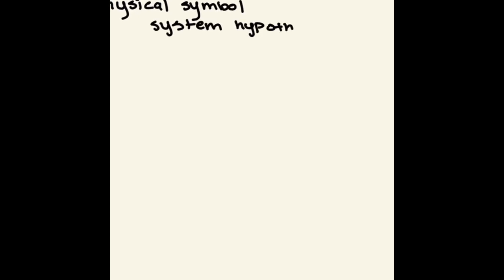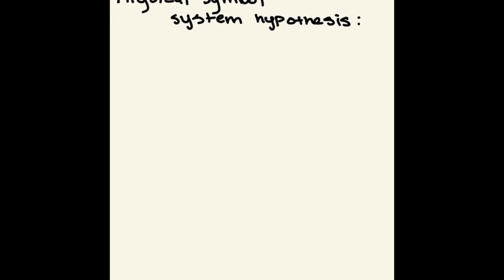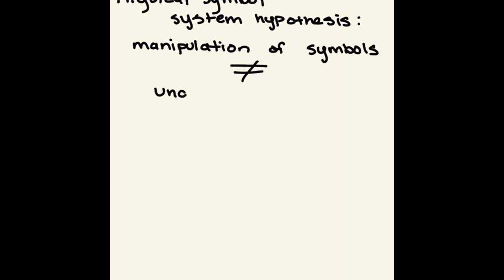So this is a good representation of the physical symbol system hypothesis, because it is basically just symbol manipulation. You're taking in these letters and you're organizing them in some sort of way that doesn't really have any meaning.